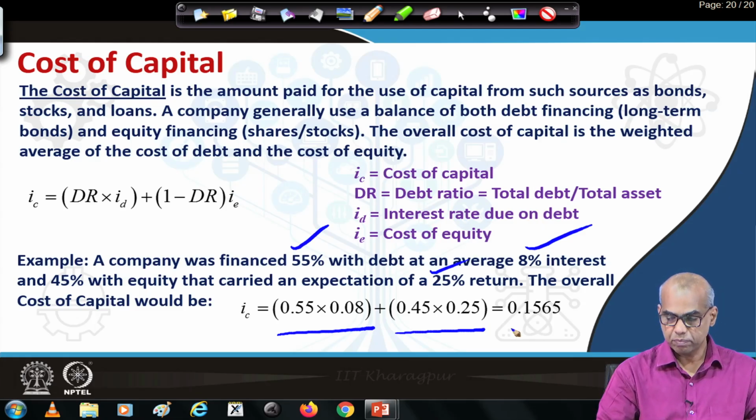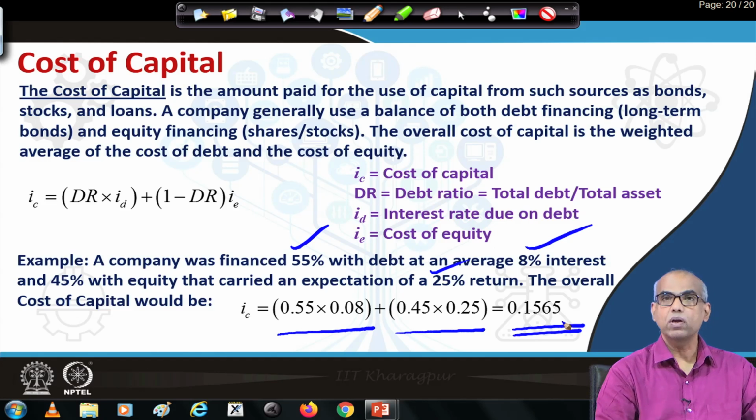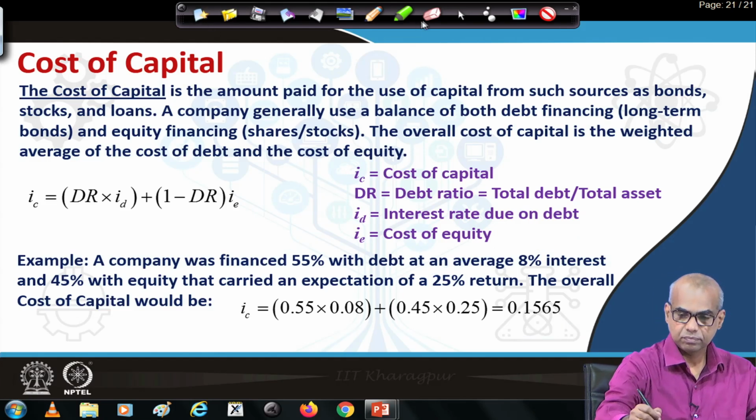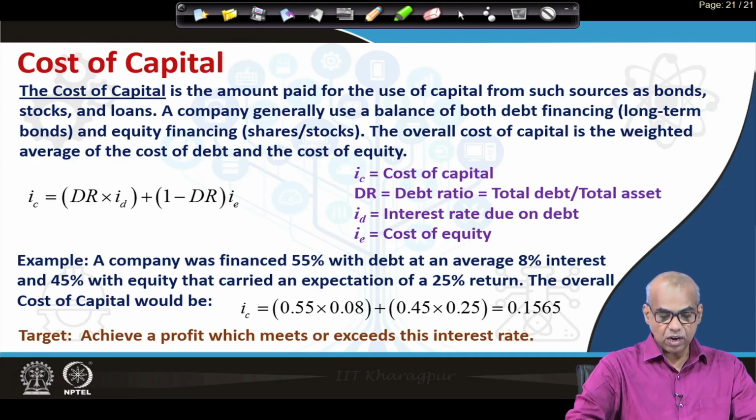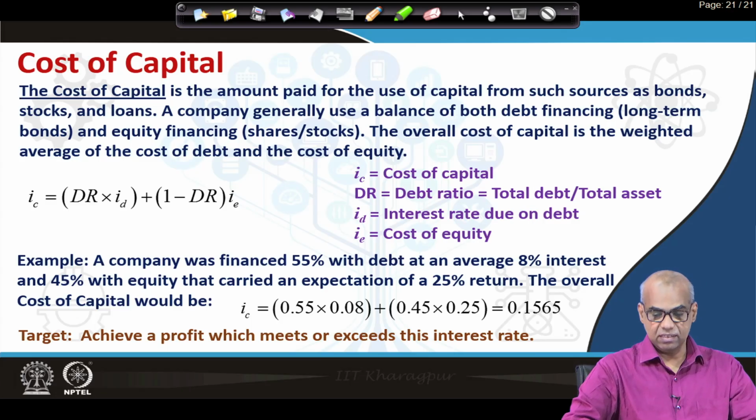So, that will be 0.1565 or 15.65%. So, the company must target to achieve a profit which will meet or preferably exceed the interest rate of 15.65%.